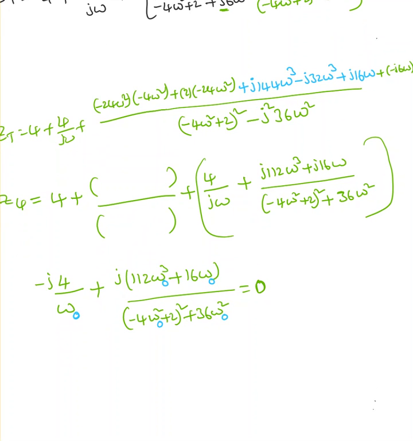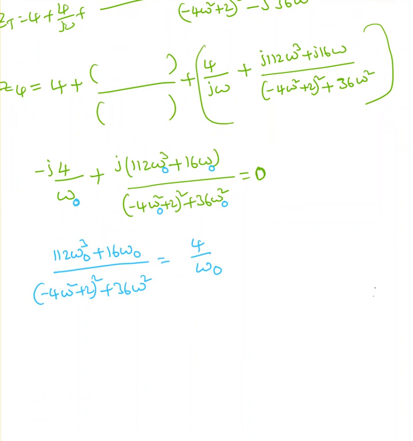Okay, now if I pull this part to the other side, it's going to be plus j, and j gets cancelled out, so I'll end up with 112 omega naught cube plus 16 omega naught over minus 4 omega square plus 2 whole square plus 36 omega square equal to 4 over omega naught.